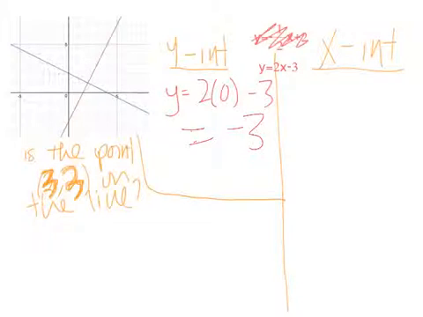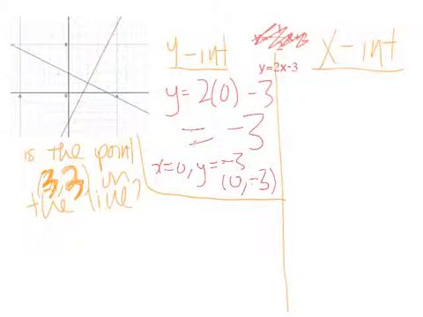Sorry. Go back there. I put that in the wrong order. When x equals 0, y equals negative 3, and as coordinates that would be x first and then y.